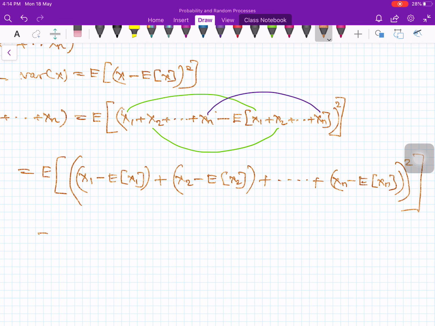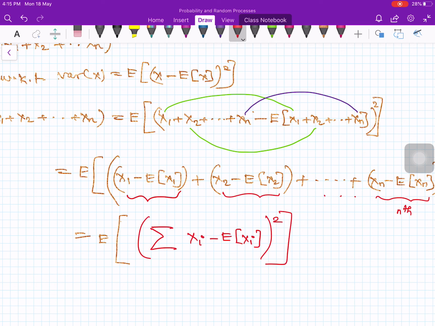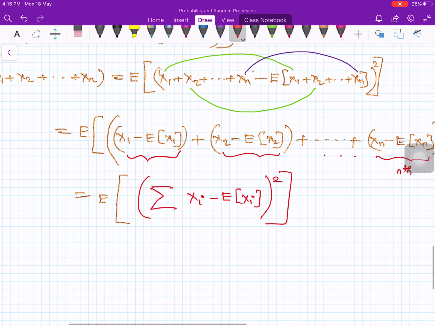Now let us introduce some notation so that we simplify this lengthy writing. I have a sum of many terms here: the first term, second term, up to the nth term, and the whole sum is squared. So the sum I can write in compact form as follows: xi minus E of xi, and once you do the sum, you square the entire thing. Now let me introduce some shortcut notation.